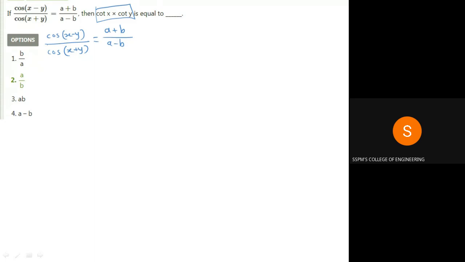So you must have learned what is componendo dividendo. I'll write it here. Componendo dividendo. You have learned this in 8th standard or 9th standard. If a by b is equal to c by d, it becomes a plus b divided by a minus b is equal to c plus d divided by c minus d.